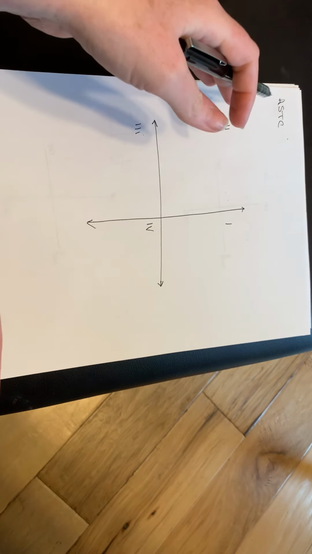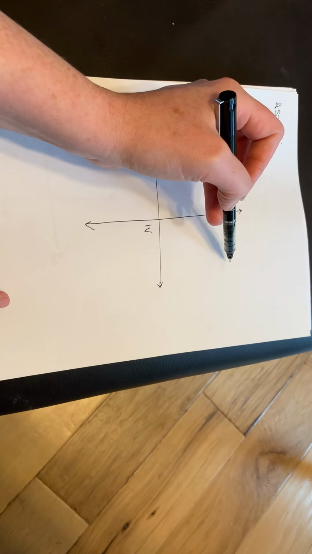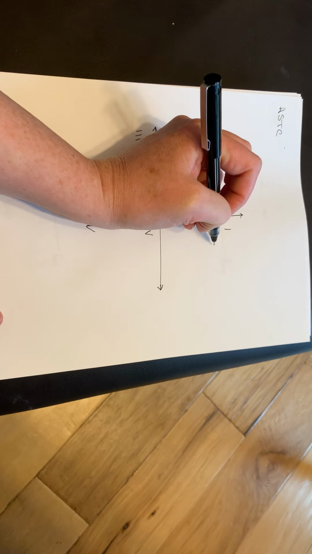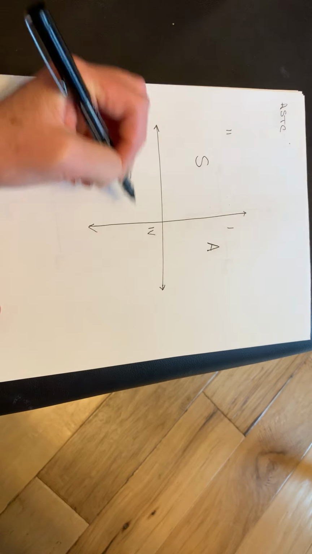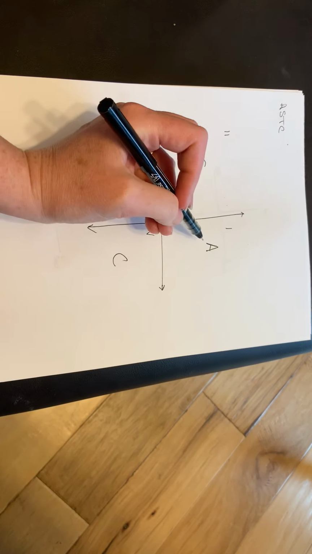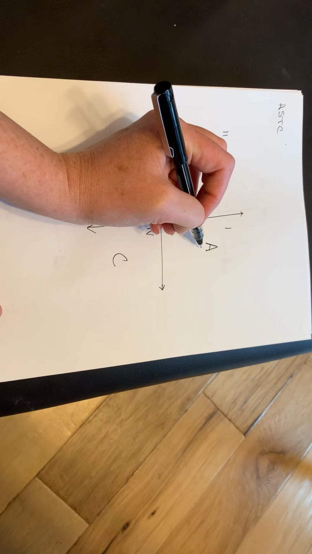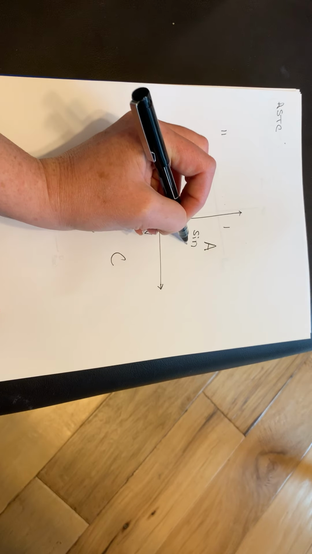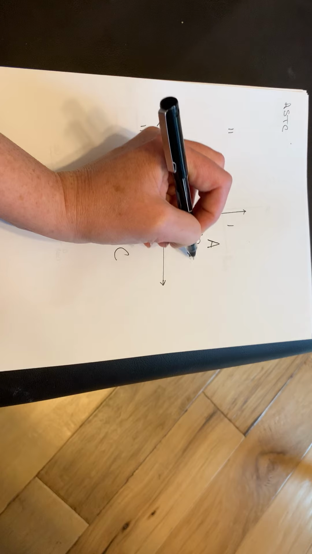That tells us what is positive in each quadrant. So you start from quadrant 1 and you work your way around counterclockwise. So this is the all students take calculus. Okay? And this is what is positive. So in this quadrant, sine, cosine and tangent are all positive.